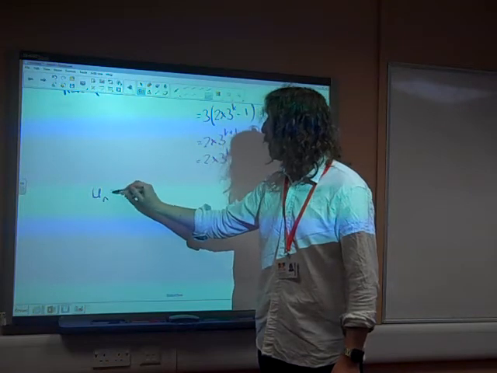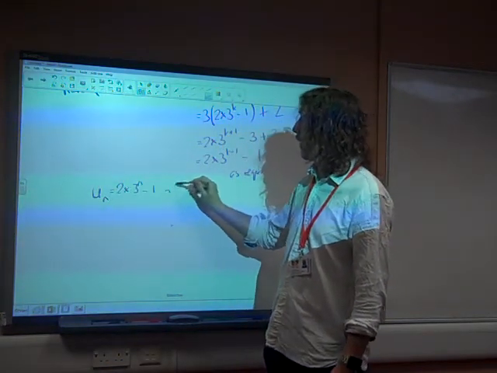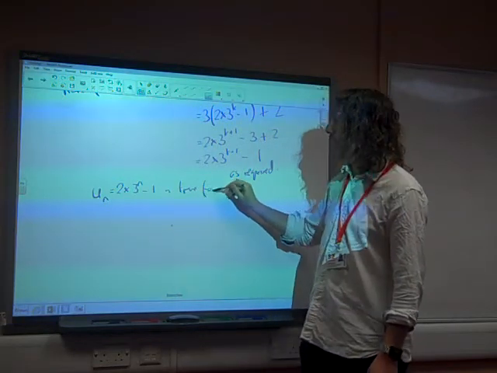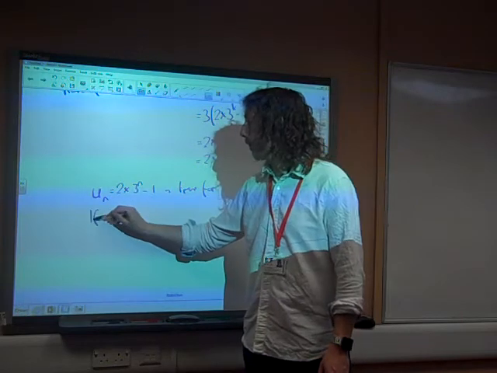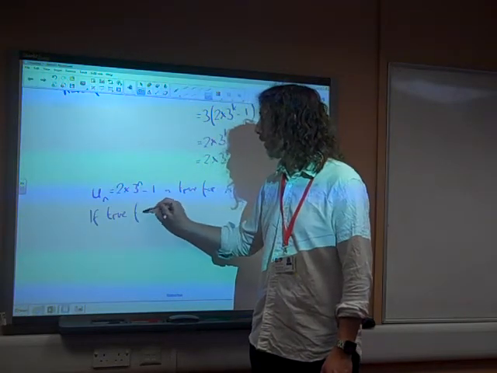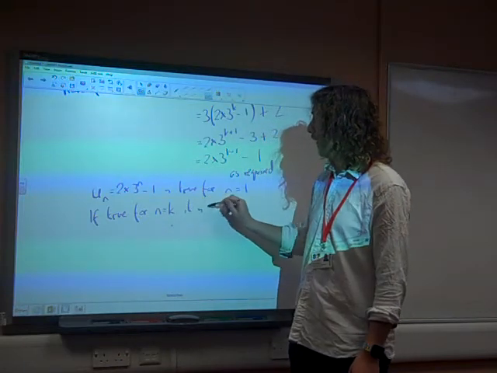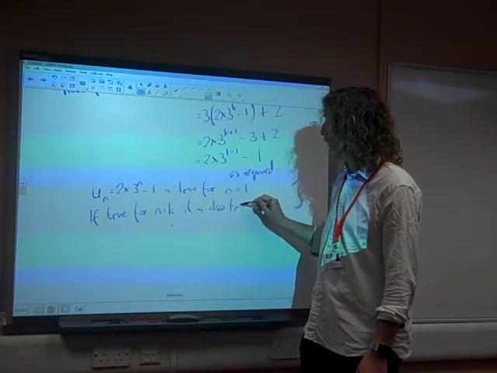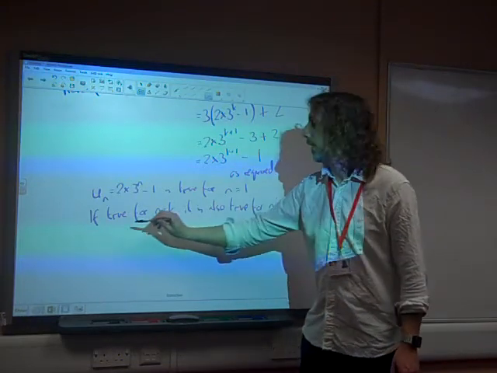So now what we need to do is to write our statement, and the statement says that Un equals 2 times 3 to the n minus 1 is true for n equals 1. If true for n equals k, it is also true for n equals k plus 1.